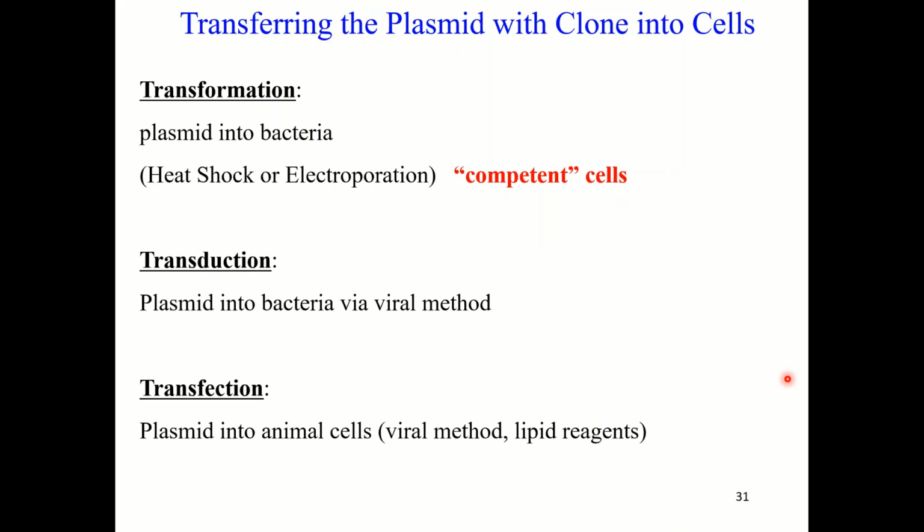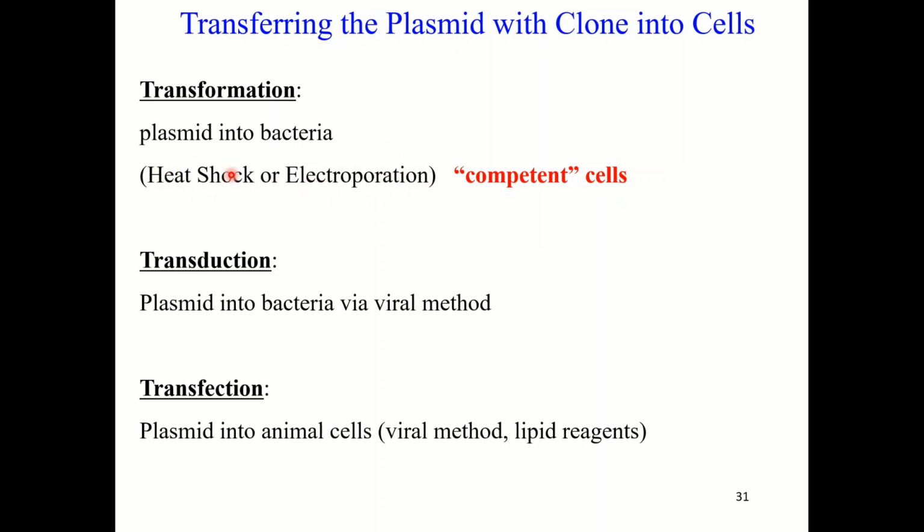Transferring the plasmid with your clone, or the DNA that you're interested in, that gene. Okay, there's a couple different names we refer to this as. One is transformation. When you're putting a plasmid into the bacteria, that's what is referred to as transformation. And you either do this by heat shock or electroporation.